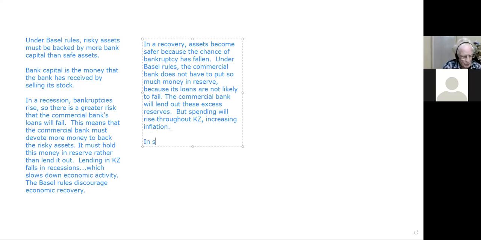So in short, the Basel rules are making the business cycle more volatile.